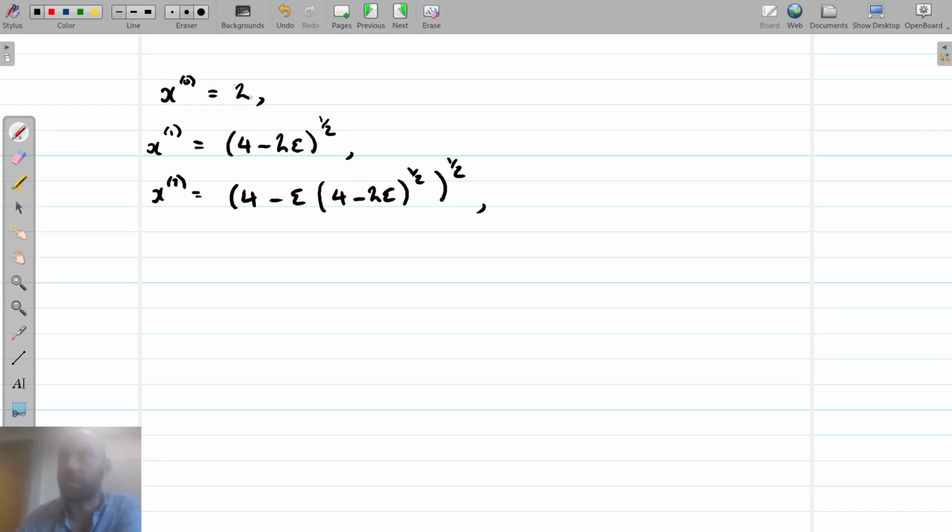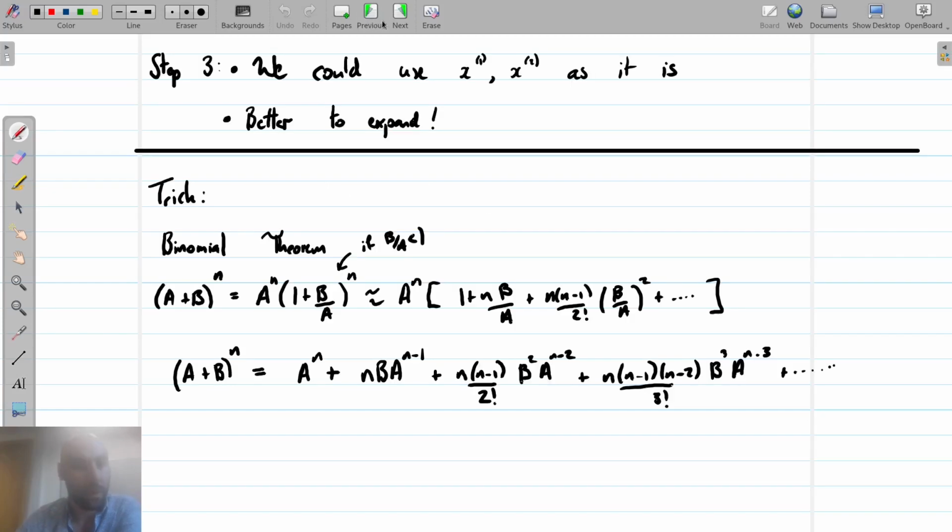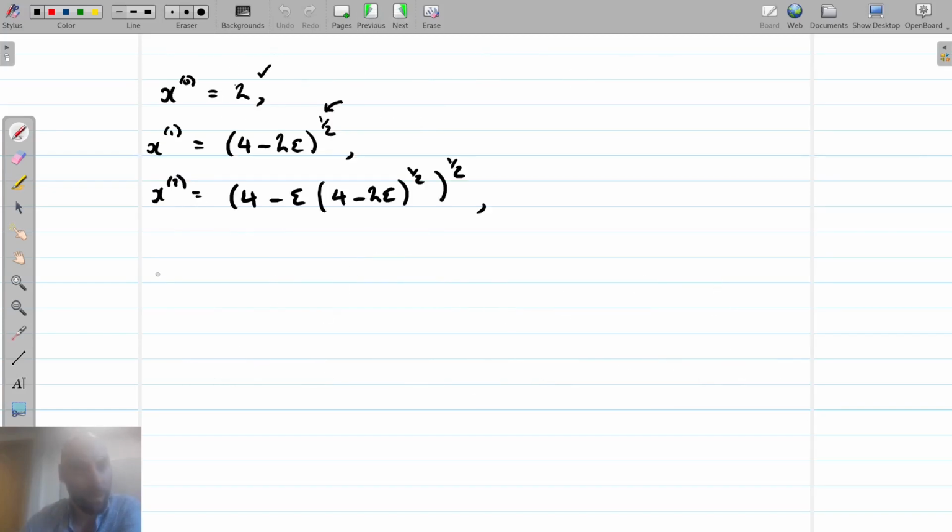Now this is great, this is already expanded, so this is fine. So our goal is going to be to expand this, and we're going to use the binomial theorem to do this, right? So if I'm comparing this to my binomial theorem, which is a plus b to the n, we can see that a must be equal to 4 and b must be equal to minus 2 epsilon.